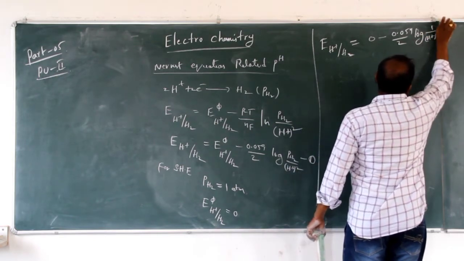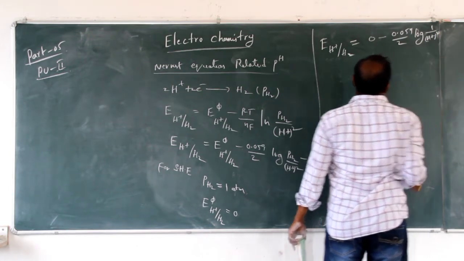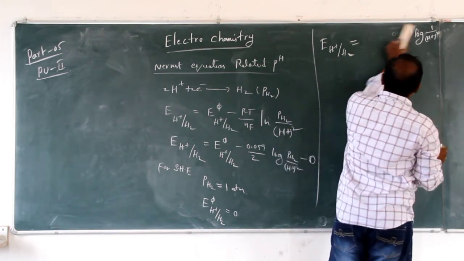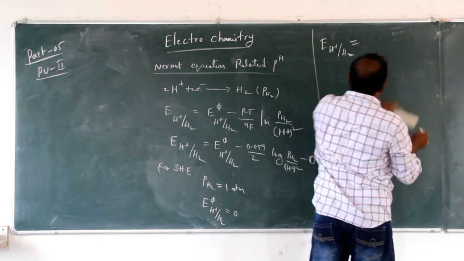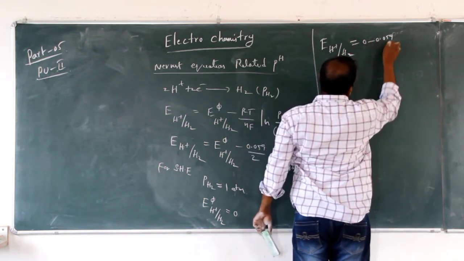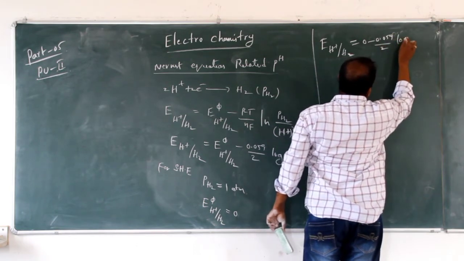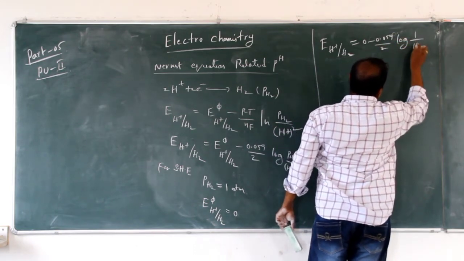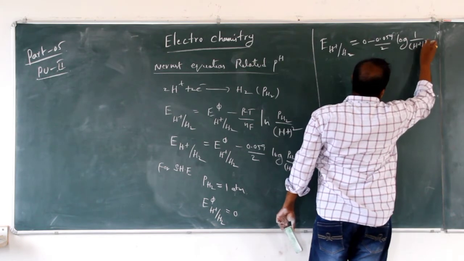That is 0 minus 0.059 by 2 log of 1 by H+ concentration whole square.